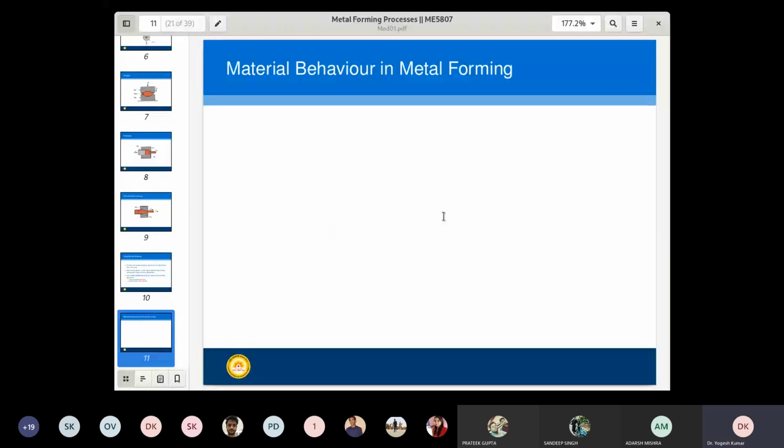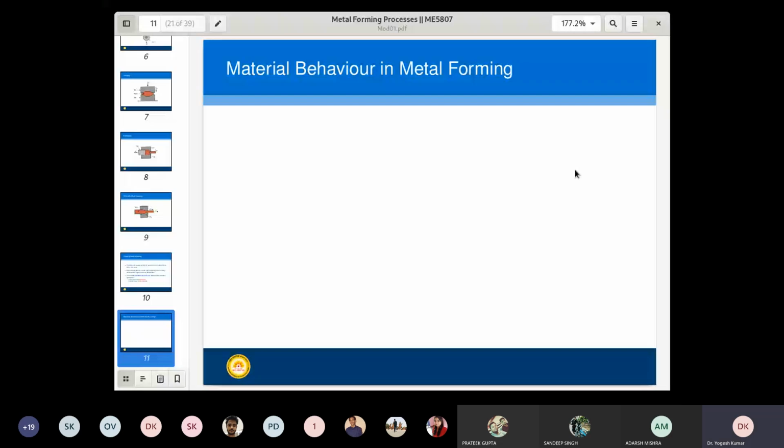Similarly, during sheet metal processes, there may be a requirement of making holes. Suppose we have a sheet, and we have to cut holes on the surface of the sheet. Then what will be required?